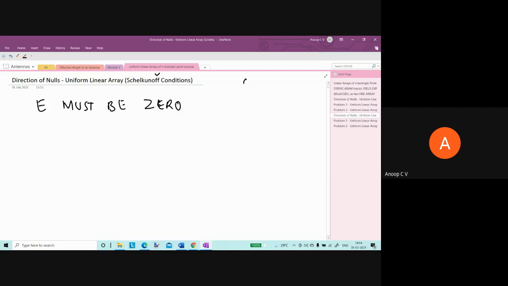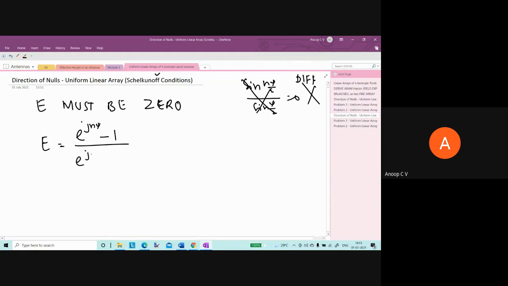So for that, I can either consider sine n psi by 2 by sine psi by 2 equal to 0, but this is going to be very difficult, so we will not consider this. Instead, we'll consider the first case, e power j n psi minus 1 divided by e power j psi minus 1. This must be 0.